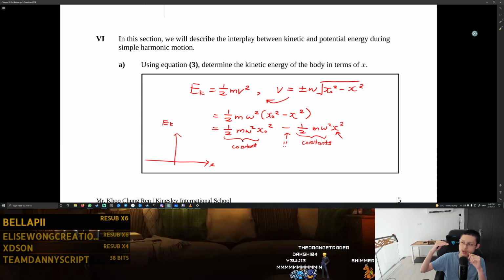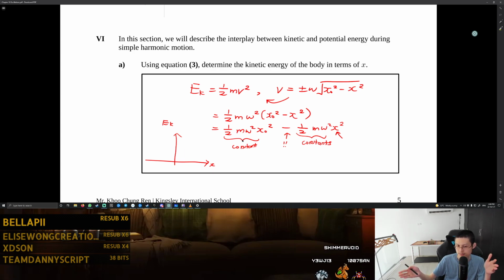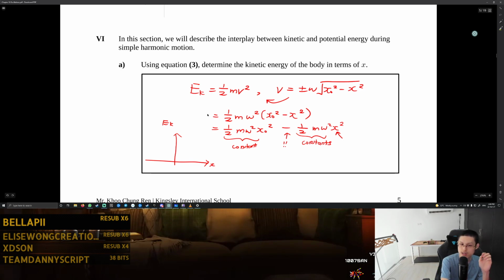The oscillating spring is actually fastest when it's at the equilibrium position, and the velocity is 0 when it's at the extremities, at the highest or lowest point, because that's the point where it changes direction, right? So naturally, the velocity has to be 0 at those points and maximum in the center, which makes sense because if you look at the kinetic energy equation, when x is 0, my kinetic energy is some maximum value. When x is non-zero, I would subtract some amount and therefore it decreases.